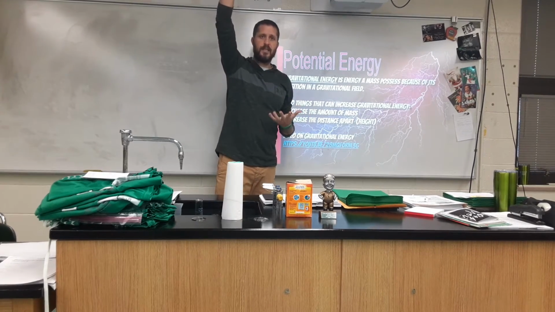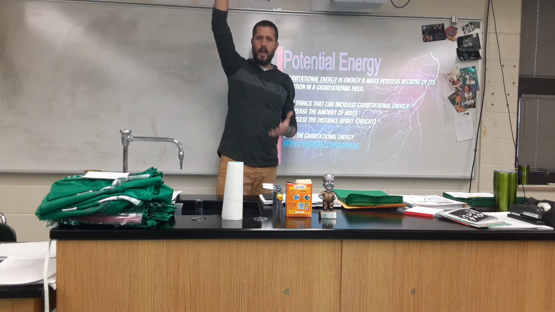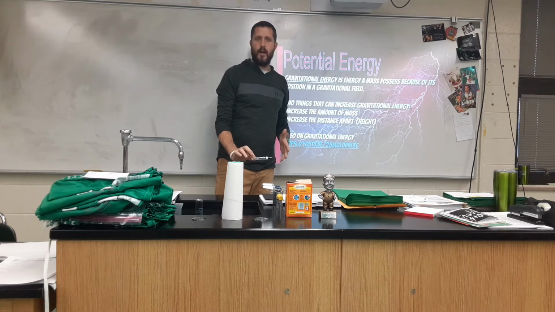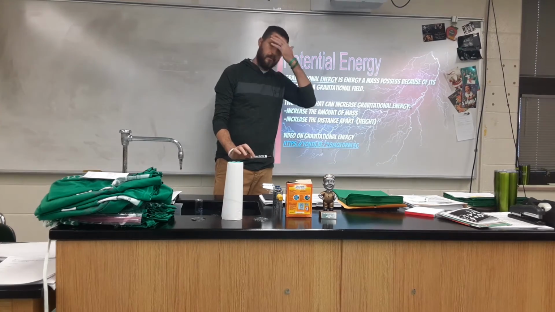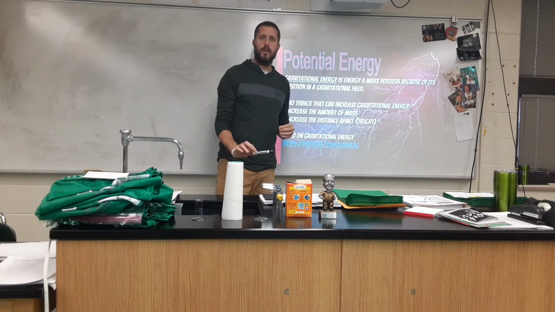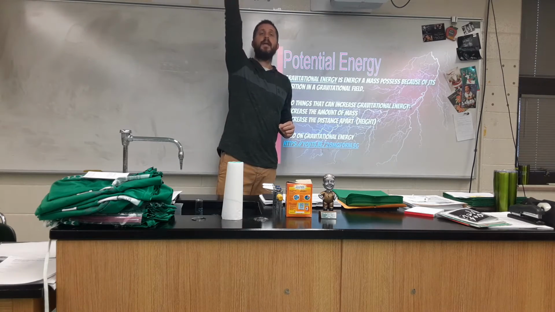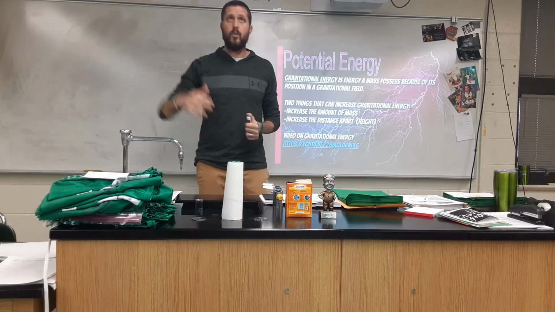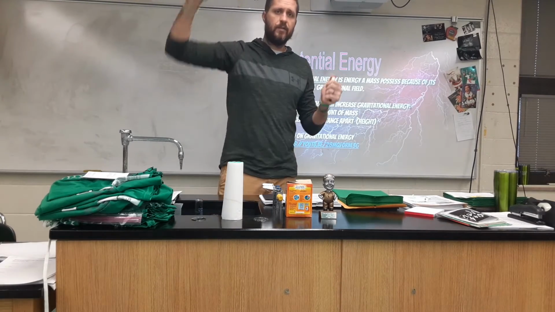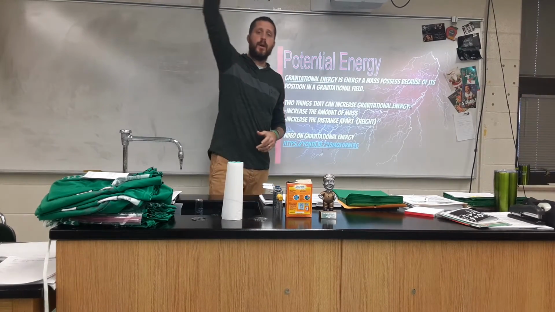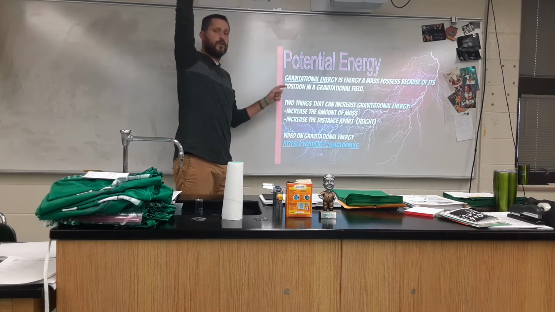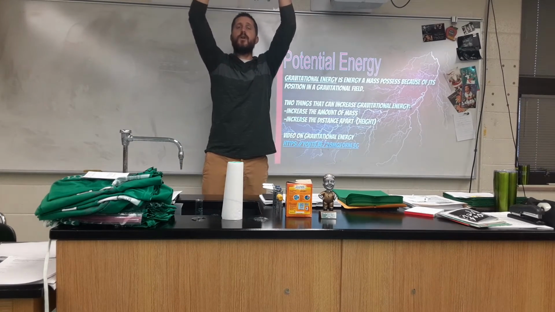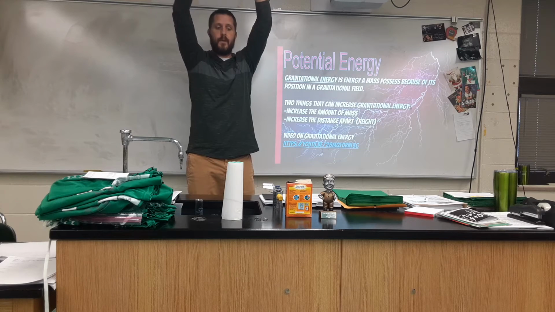And this should be instinctive to you. If you were laying on the ground below the marker and I dropped it from here on your forehead, you'd rub your forehead and say, that smarts. Well, if I go way up here and drop it on your forehead, which one's going to hit with a greater force? The one up here. You should instinctively know that the higher we put an object, the more energy we are storing, or the more energy we are putting into the marker, okay?